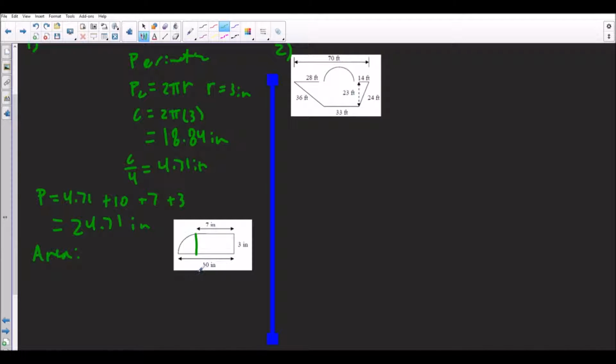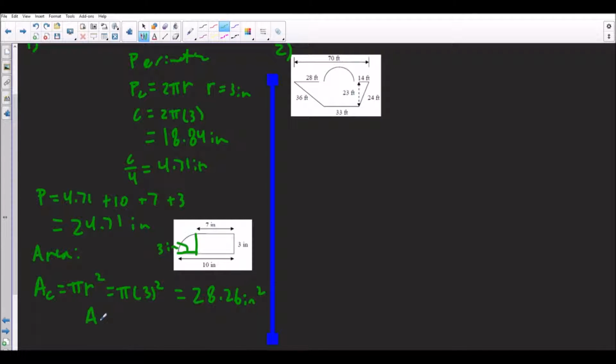We know how to calculate the area of the circle, so let's say AC is equal to pi r squared. And we know that this distance here is 3 inches. So we're just going to get pi times 3 squared, which is equal to 28.26 inches squared. Now that's if that was a whole circle, but we only have a quarter.